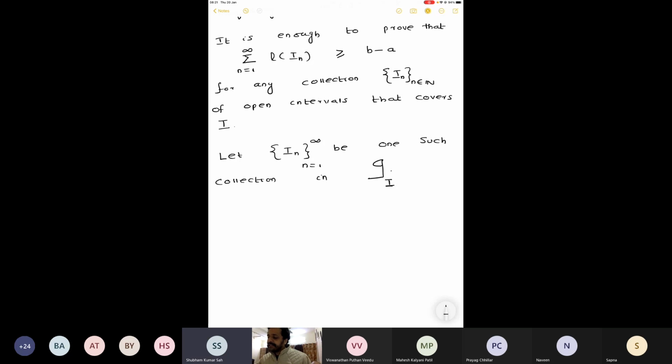Now note that this In, n equal to 1 to infinity, is an open cover of I. It consists of open intervals and it covers I. So it is an open cover. And I is compact. By the Heine-Borel theorem, there exists a finite subcover.